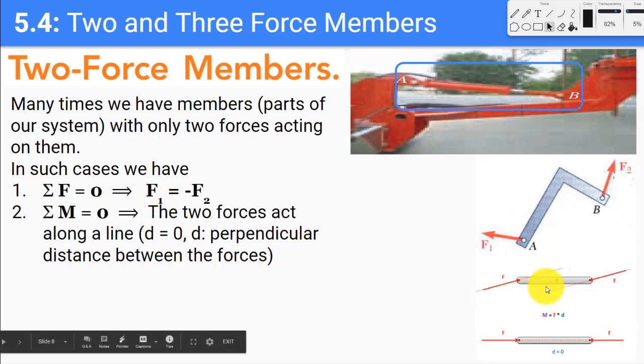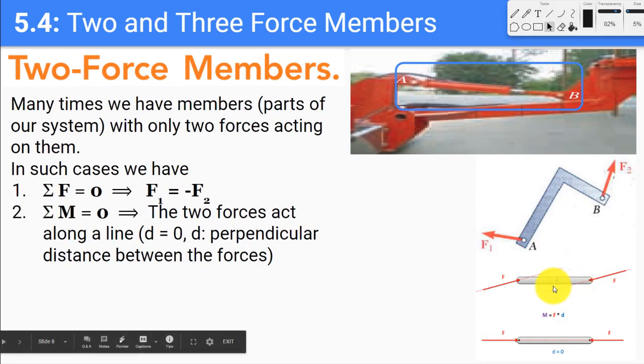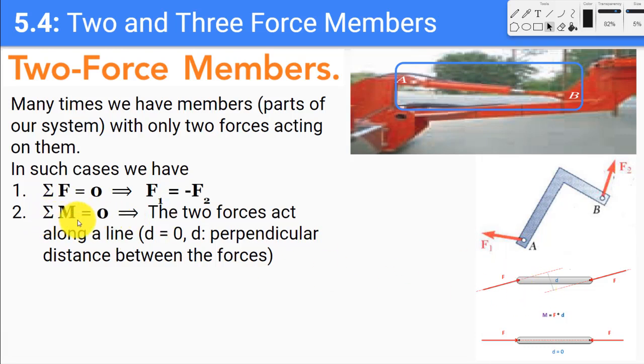Like in this second case, if the perpendicular distance is not equal to 0 as shown in the second diagram, then we would have a couple moment formed because of these two forces, and the sum of all the moments will not be equal to 0. To satisfy both the conditions, we need the forces to be equal and opposite in direction, and we need the forces to be in the same line.